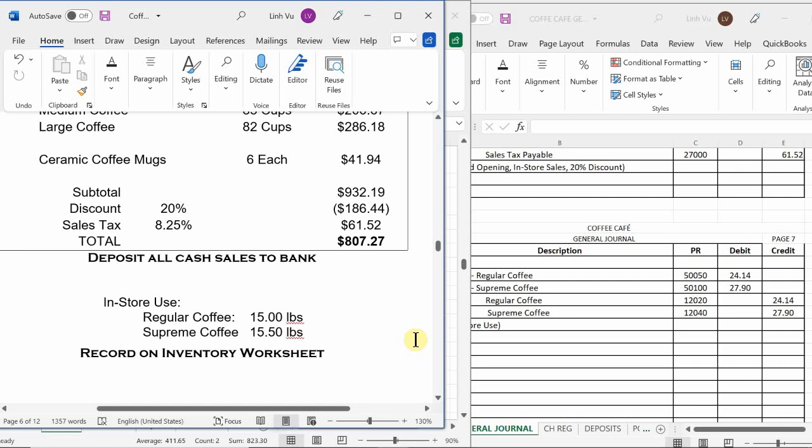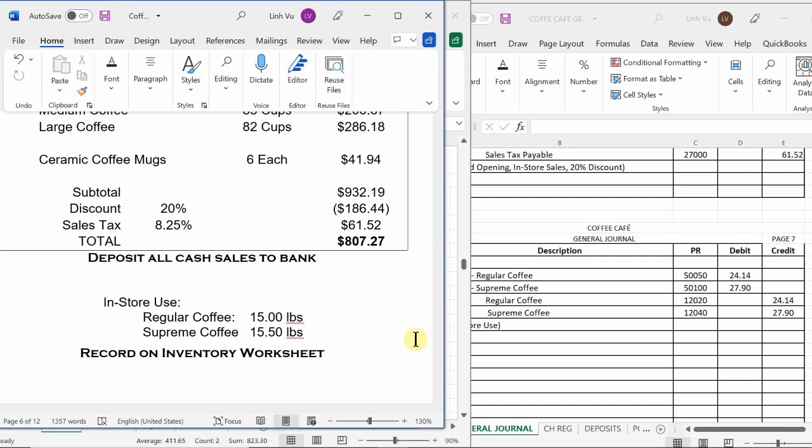Now, question to you. Do I need to do the cost of goods sold for my ceramic coffee mugs? Yes. Why? Because you have to keep track of what you sold for ceramic. Okay, so for ceramic coffee mugs, what kind of inventory tracking method am I using? Periodic.